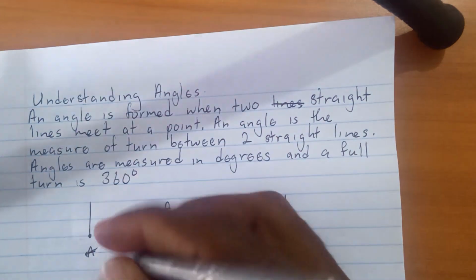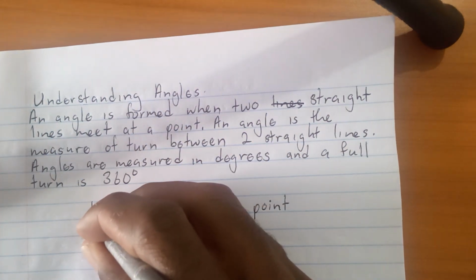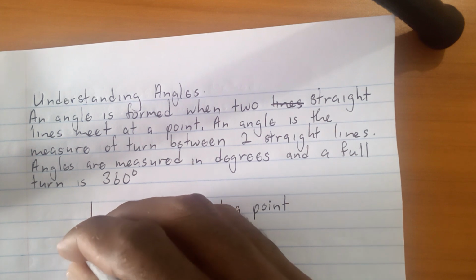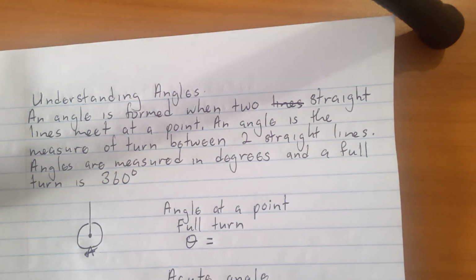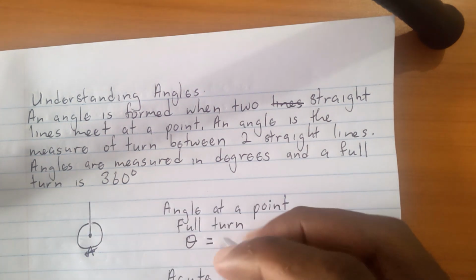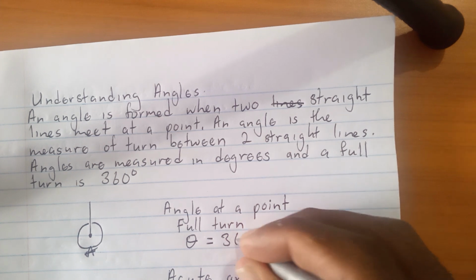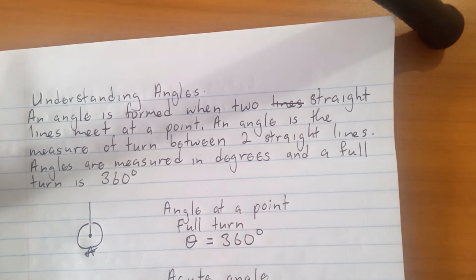And therefore we can say the turn is full, and a full turn is equal to 360 degrees. That's how we write that, okay?